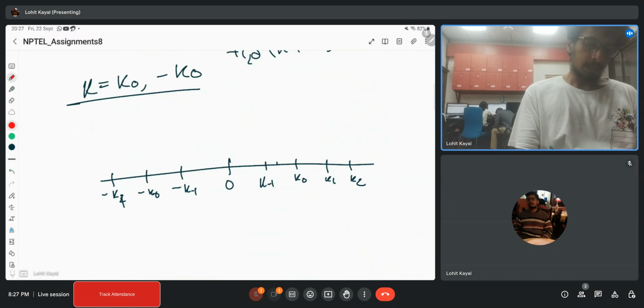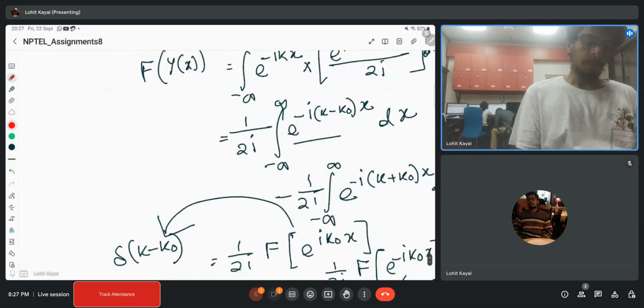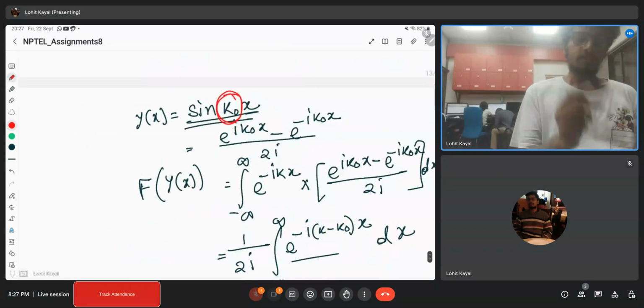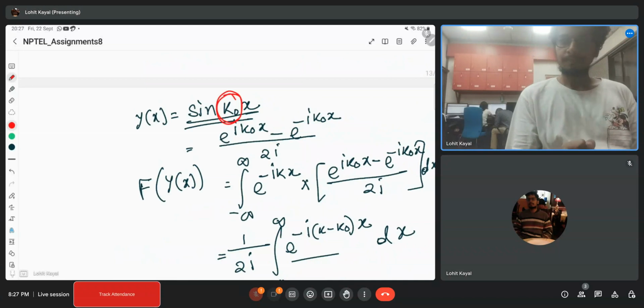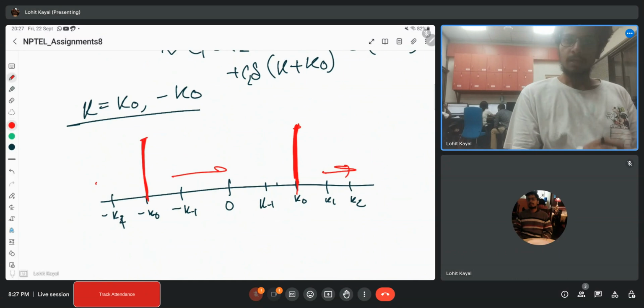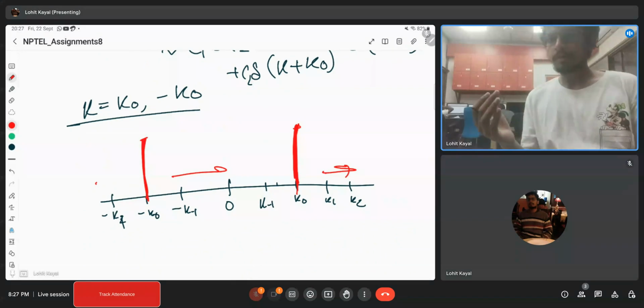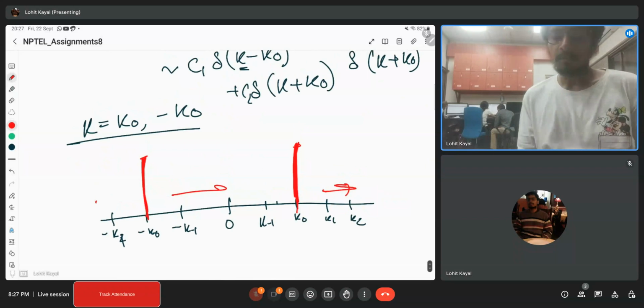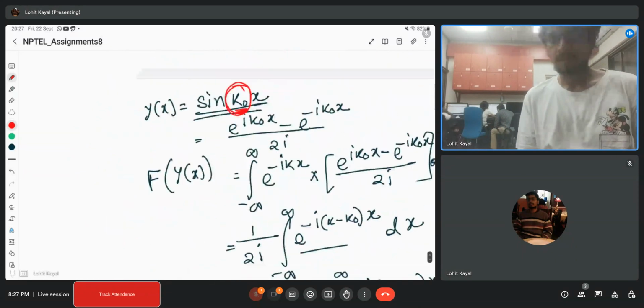You will get two peaks at plus k naught and minus k naught, coming from sine k naught x. So in the Fourier space, the Fourier transform of sine k naught x is a delta function.